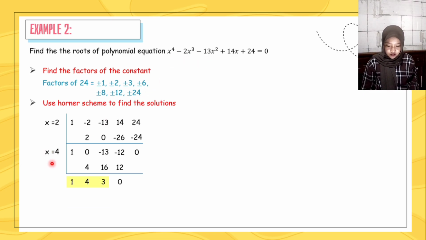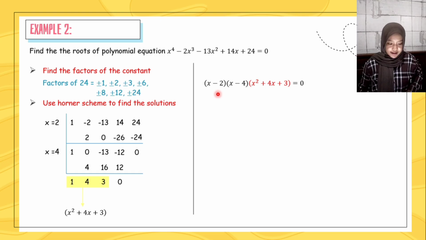From the result we can find another equation: x squared plus 4 times x plus 3. So we get x minus 2 times x minus 4 times x squared plus 4 times x plus 3 equals 0. We can factor this equation.